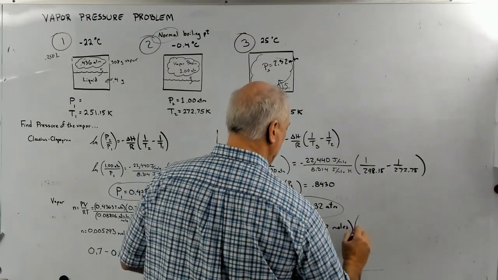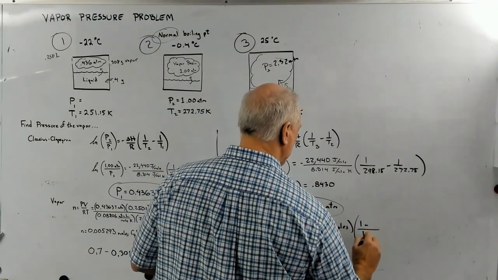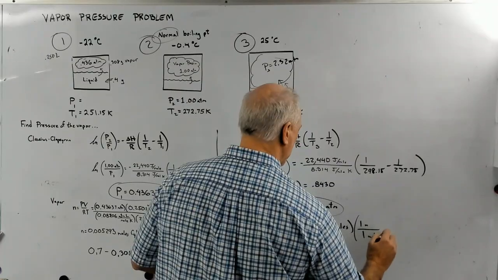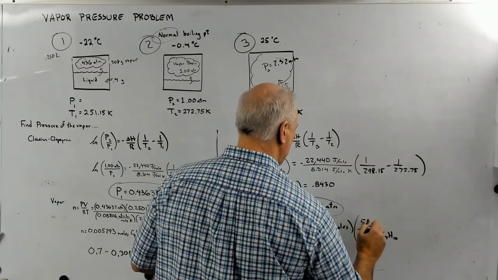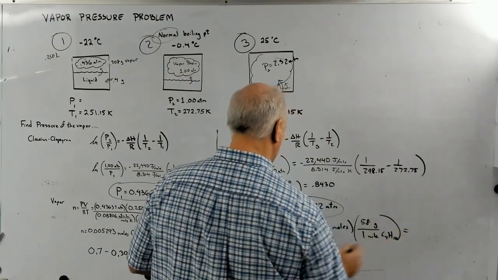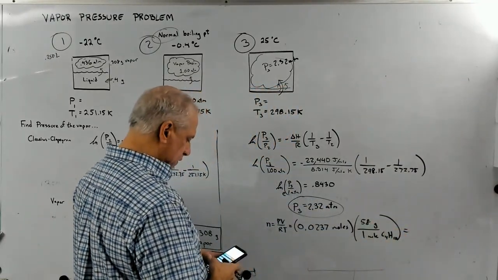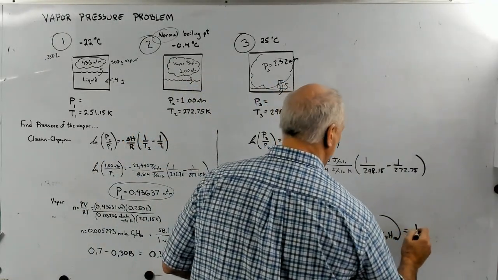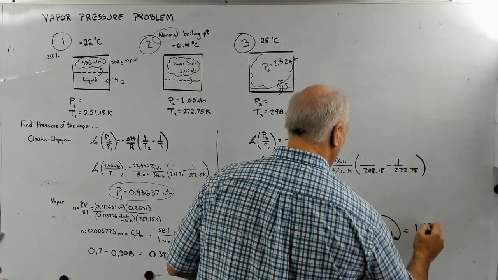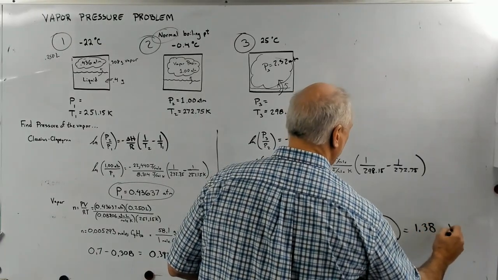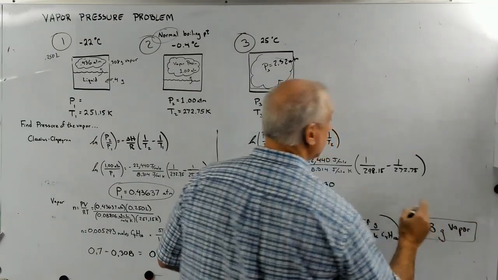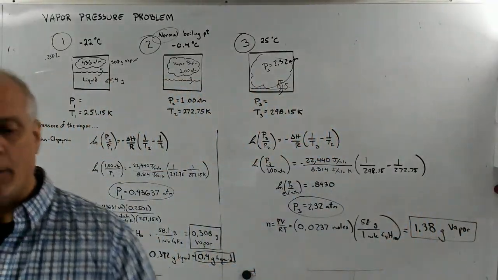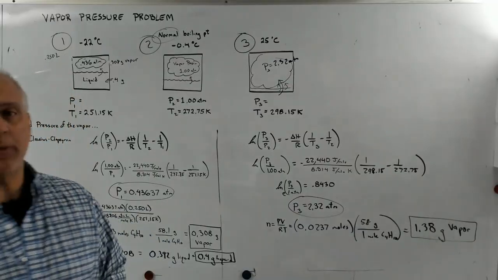But butane, 1 mole of C4H10 is 58 grams, so that's going to be times 58. So that means that we're going to have 1.38 grams of vapor. But be aware, we only had 0.7 grams to begin with.